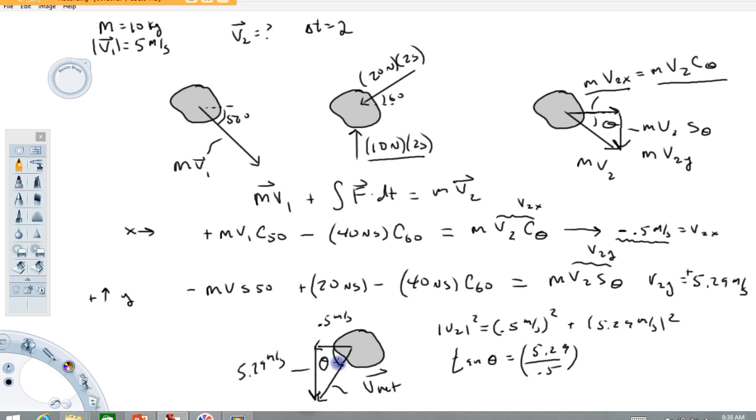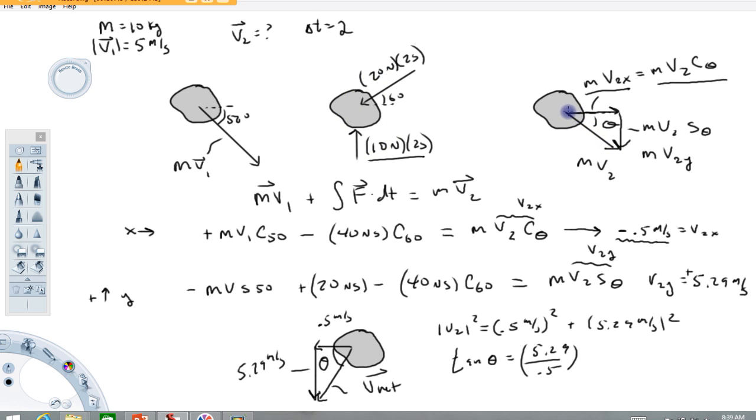So the intention of this video is to show how to write impulse momentum equations. You start by drawing the initial momentum vector of the system. You draw the impulse diagram. Basically, this is just a free body diagram with delta t's tacked on. If the forces are constant, that's all you need to do. If they're not constant, these need to be written in integral form.